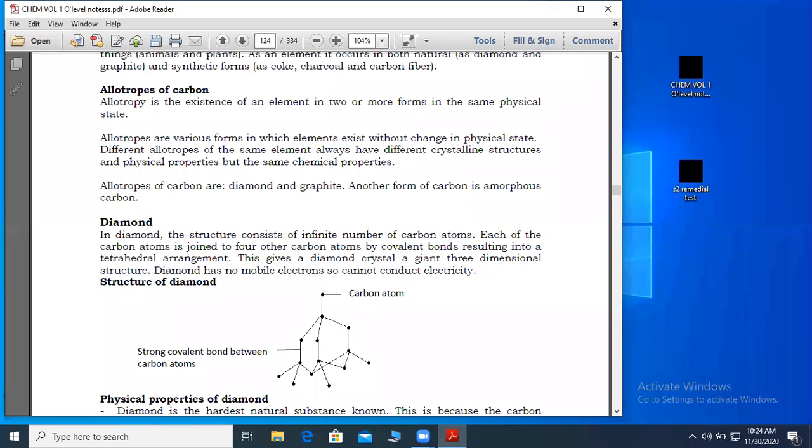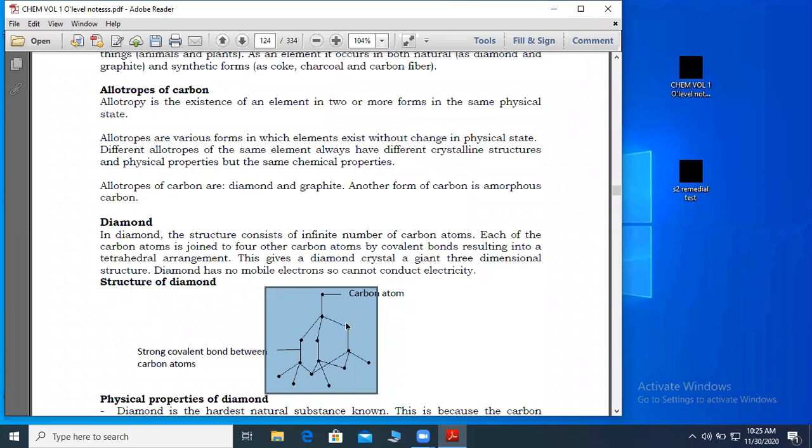The structure consists of an infinite number of carbon atoms, and each carbon atom is joined to 4 other carbon atoms. Where you see a dot, there is a carbon atom.